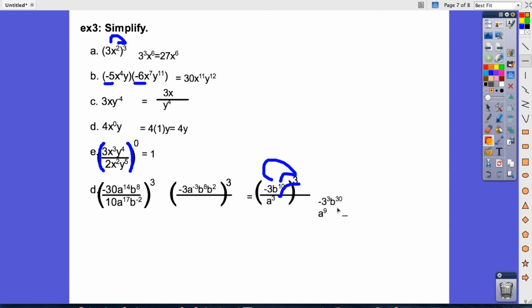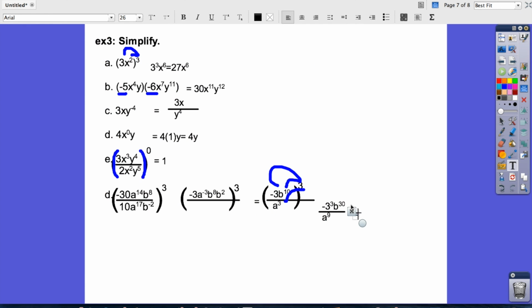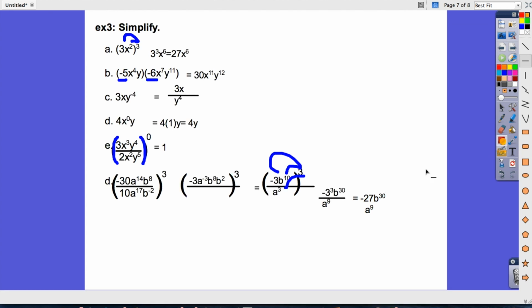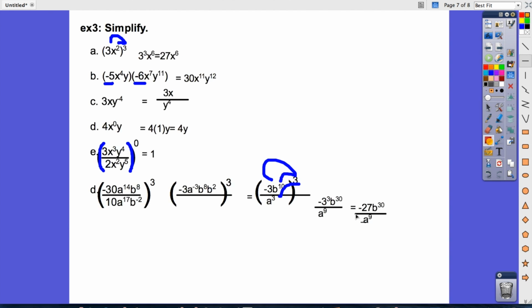I'll put our fraction bar back in there. The only other thing you have to do is have it become negative 27, because negative 3 times negative 3 times negative 3 is negative 27. B to the 30th, and a to the 9th. And this is your final answer.